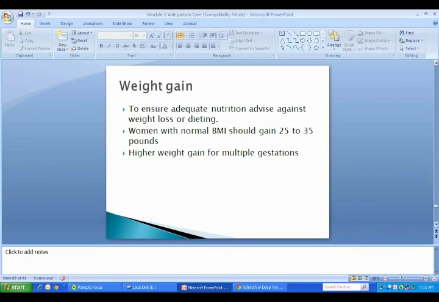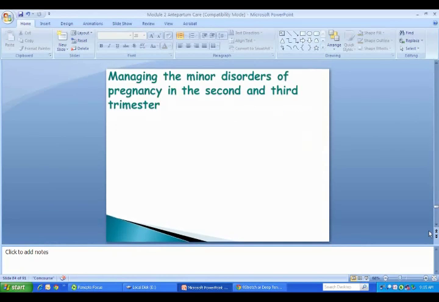Okay, women, if they're a normal BMI, the average weight gain should be 25 to 35 pounds. It will be higher if she's carrying multiple gestations. If she's underweight, she should gain more. If she's overweight, it's a little less. However, this is not the time to diet.